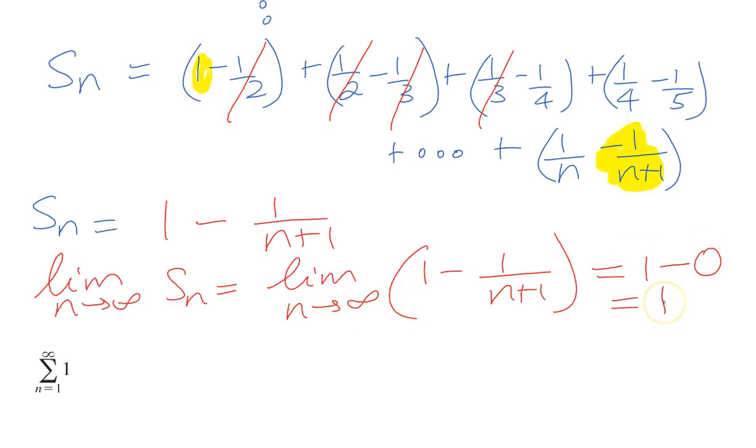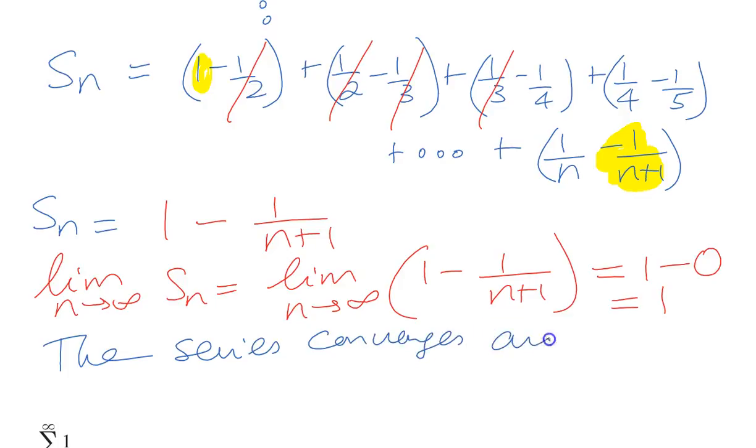So the limit of the nth partial sum as n goes to infinity is 1, which is a finite number. Because the limit of the nth partial sum is a finite number, we say the infinite series given in the problem converges and its sum is 1. The sum is given by the limit.